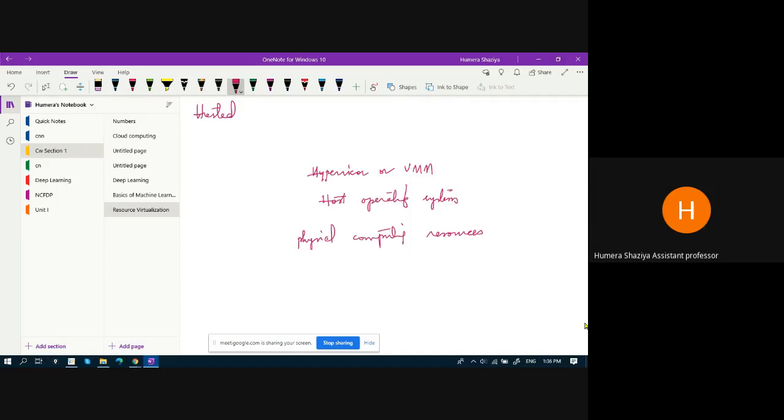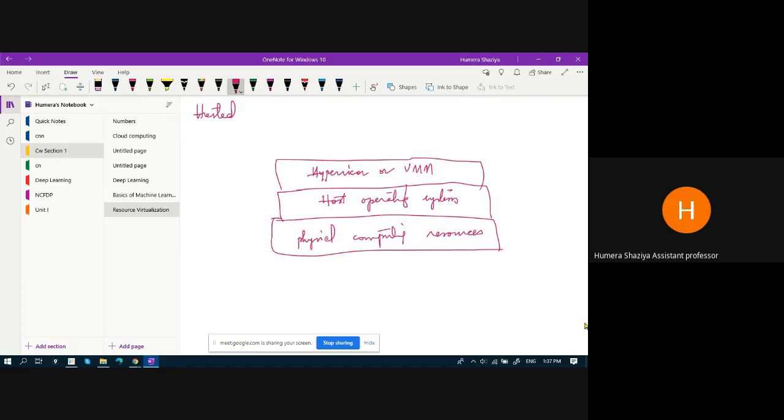On top of this you have virtual machine 3, virtual machine 2, virtual machine 1, and on these virtual machines applications are built.